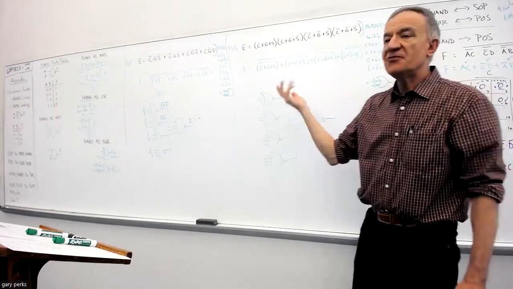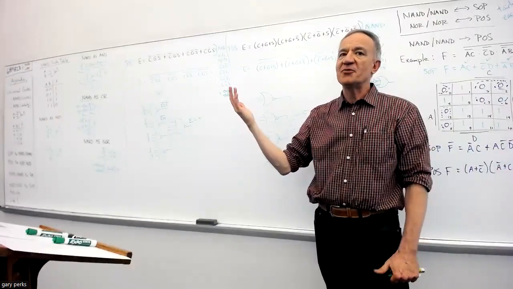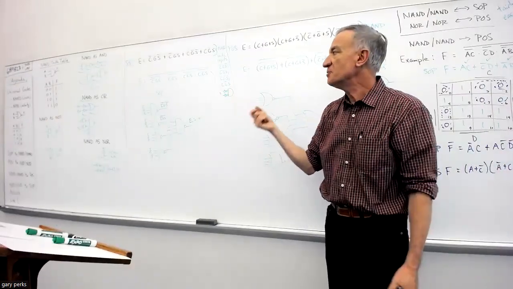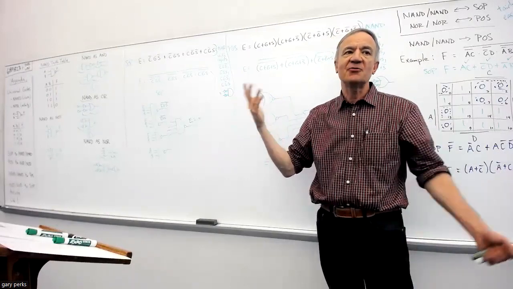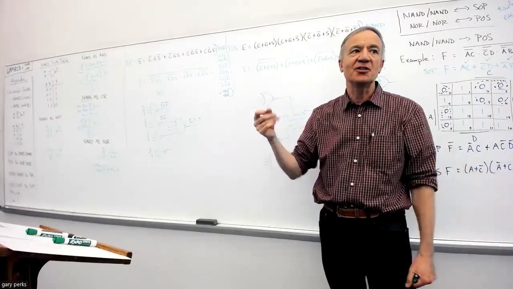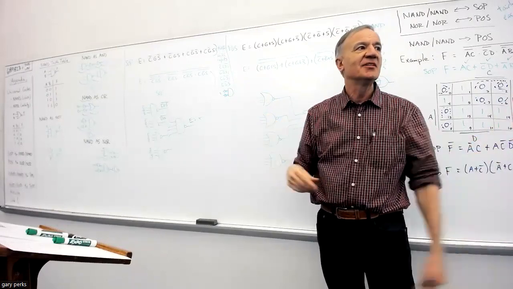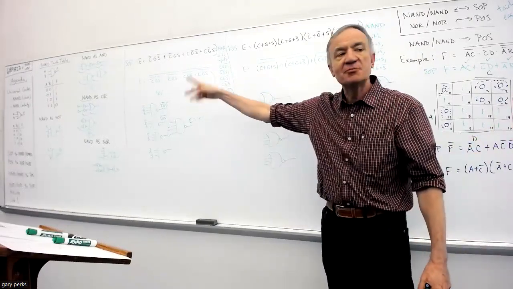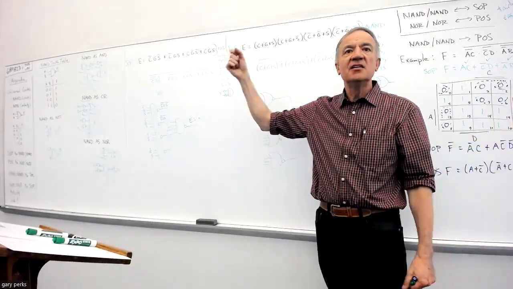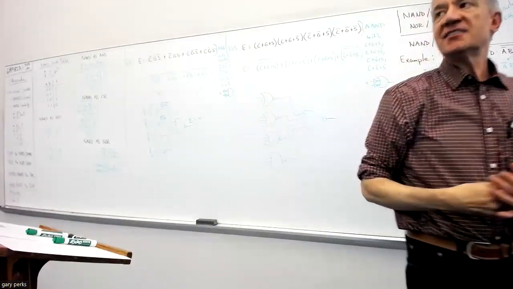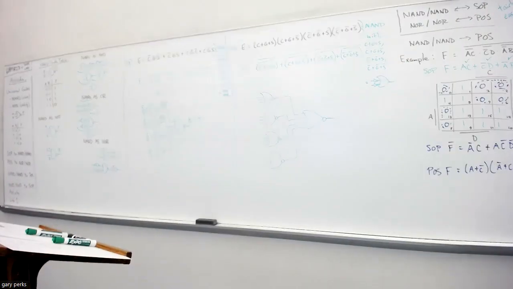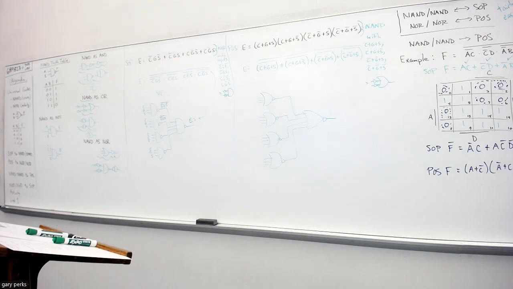But everything else today, if you think about it, was stuff we talked about before. I would say 80% of what we went over in class today was review of things we talked about before, SOP to POS, K-map, right? We talked about those gates before, okay? So I bring that up because if this lecture made sense, once you do the activity and finish up lab one, if you feel like you're having a good understanding, that's a really good sign up to this point.